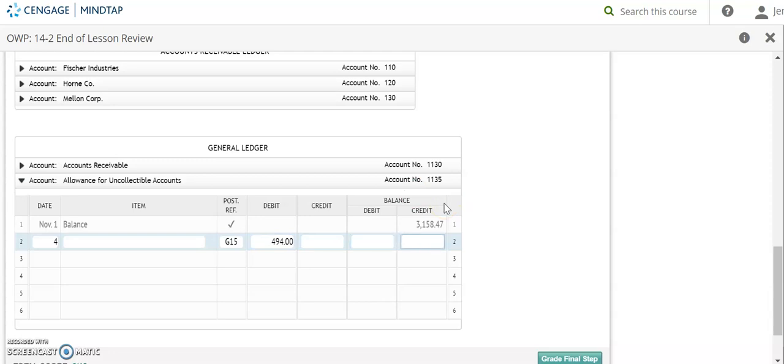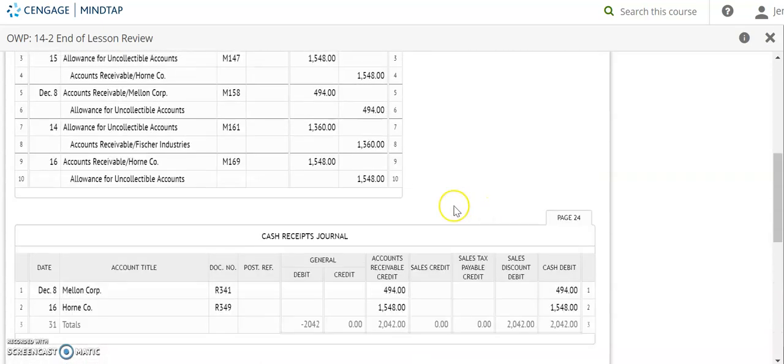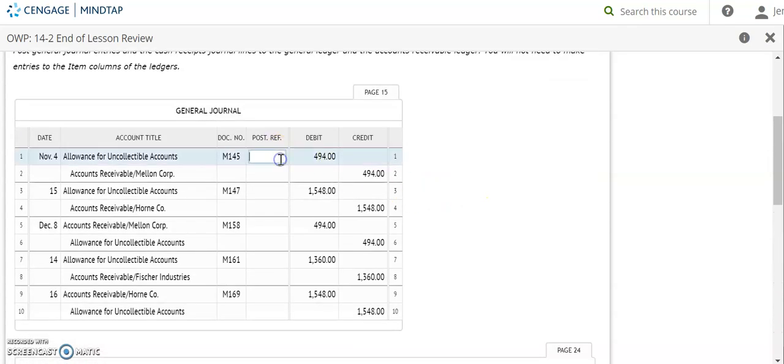Then I need to find my new balance, so get out your calculator. My new balance is going to be a credit balance of $2,664.47. Account number 1135 will go back up to my post reference column.